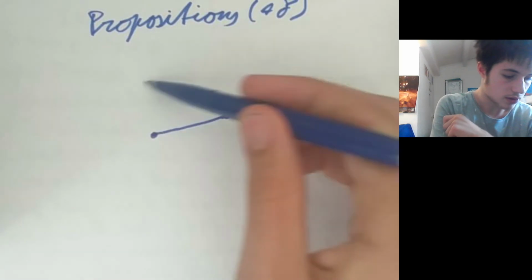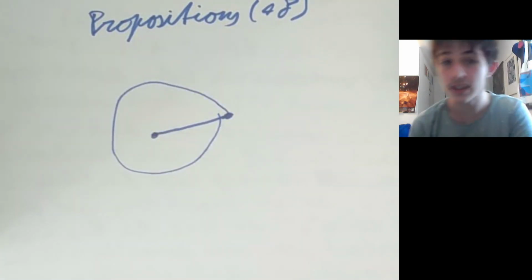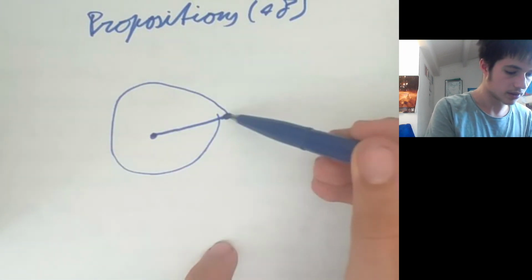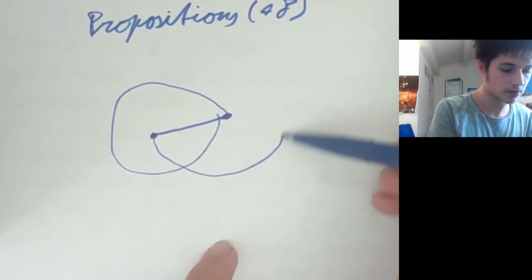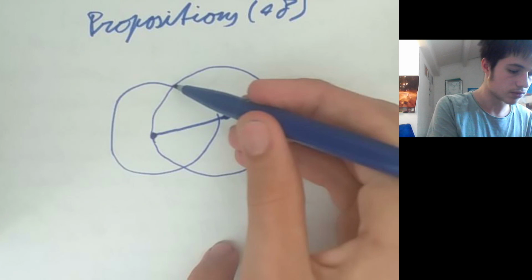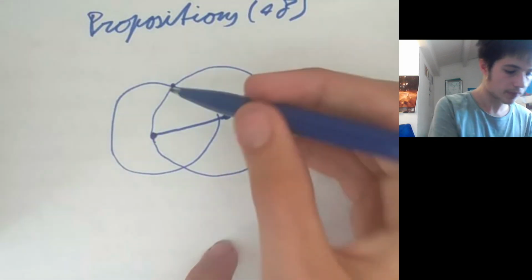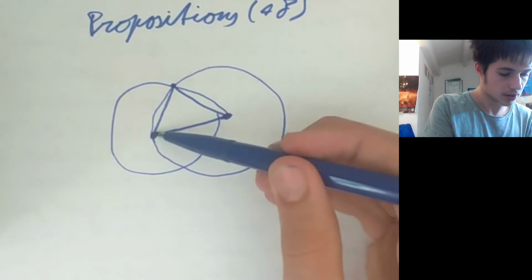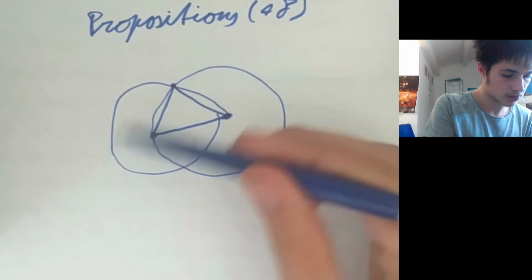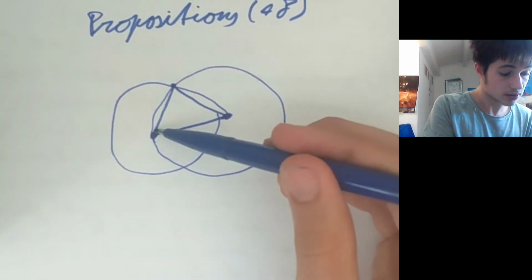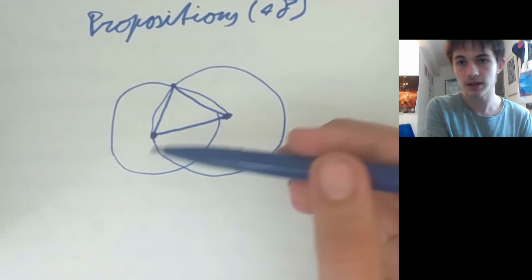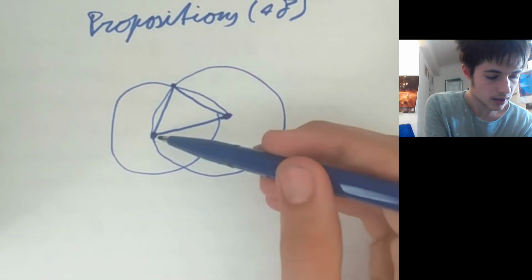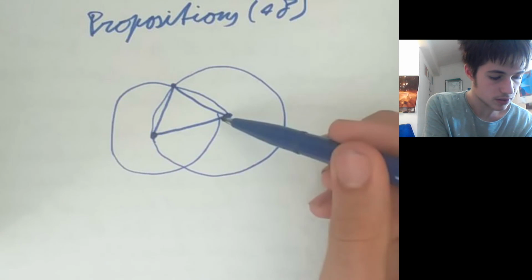So make a circle around this point. That's a very bad circle, but assume it's a circle. And do the other thing with this point and this length around this. And then choose one of these points. And this will form an equilateral triangle. Because if we look at this circle, all radii are the same. That's how a circle is defined, as all points at a given distance. And so this distance is equal to that distance.